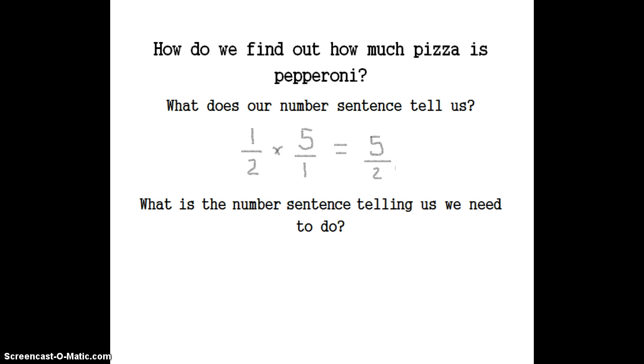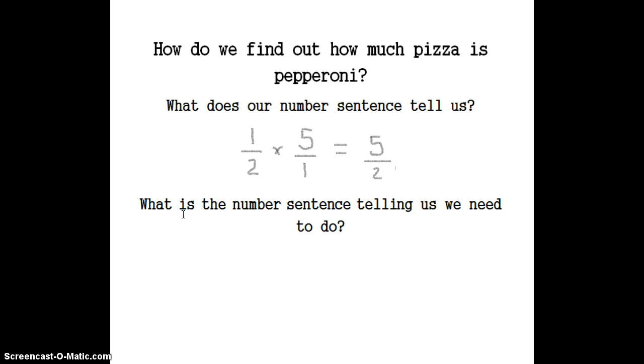What does it tell us? 1/2 of the 5 pizzas are pepperoni. So 1/2 times 5 over 1, which is 5, equals 5 over 2, or 5 halves.